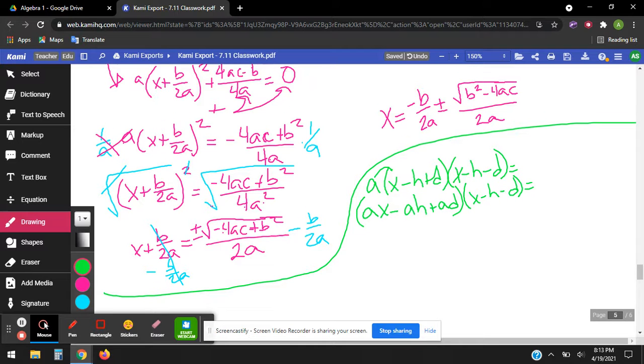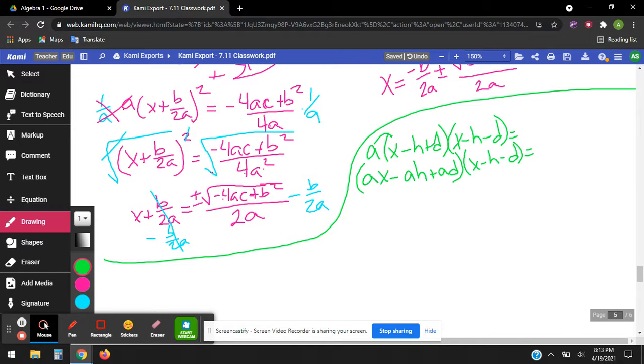From here, I have to multiply everything with everything. So a times x times x is ax squared. Then ax times negative h is minus axh. Then ax times negative d is minus axd.